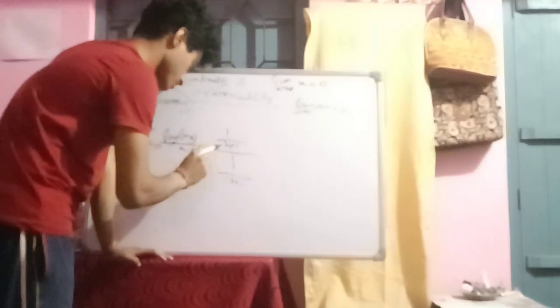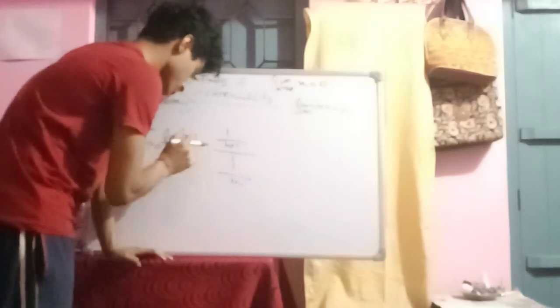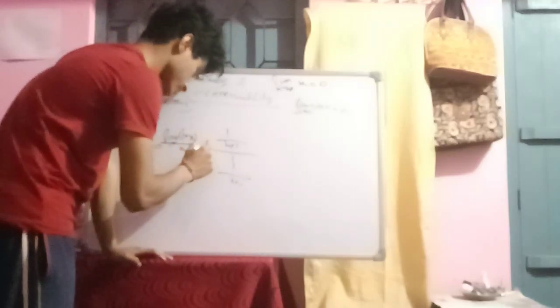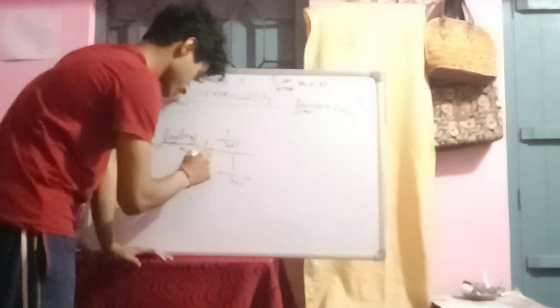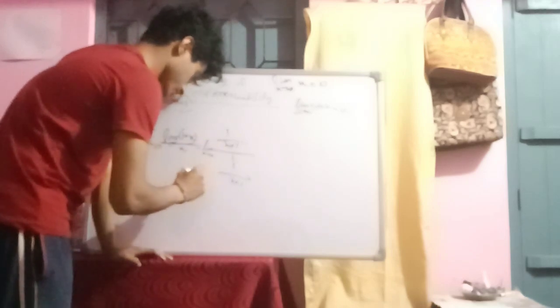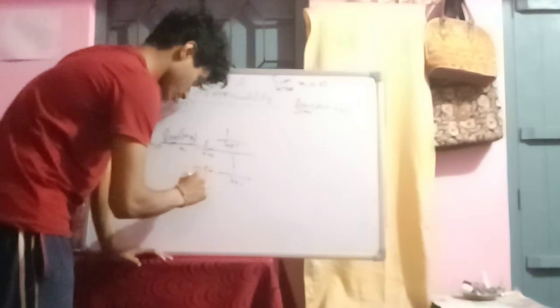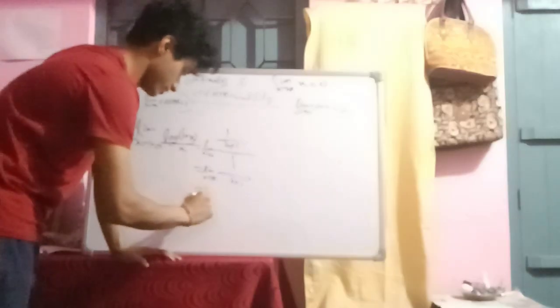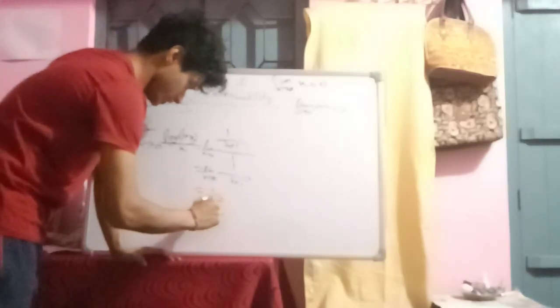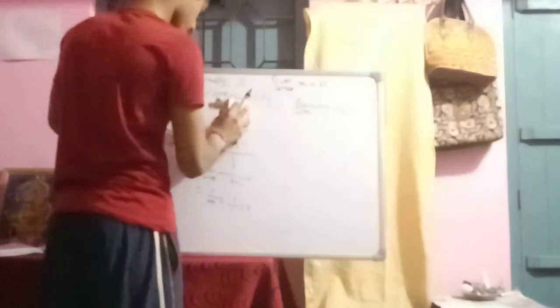Actually, the limit of this, the limit of 1 over x plus 1 as x tends to 0. Now plugging in 0 for x would give us 1 over 0 plus 1, that is 1 over 1, that is just 1. So this one as well becomes 1.